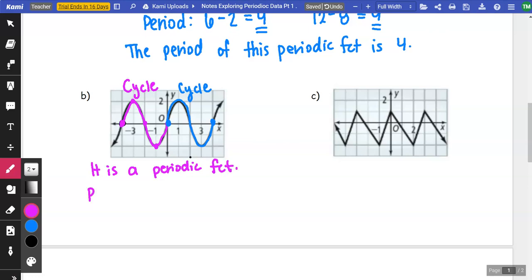And I want to be able to identify the period. So what is that horizontal distance between each cycle? So what I'm going to look at are my x values of each of these cycles. So when I talk about a period, when I talk about distance, I always want to take the higher value first.